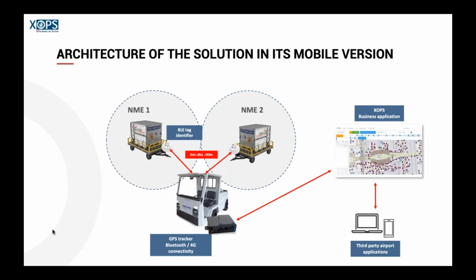Now the architecture. We were already securing and tracking the motorized equipment, where we can catch some power, some energy, because they are mainly electrical equipment now. It means they have a battery system.